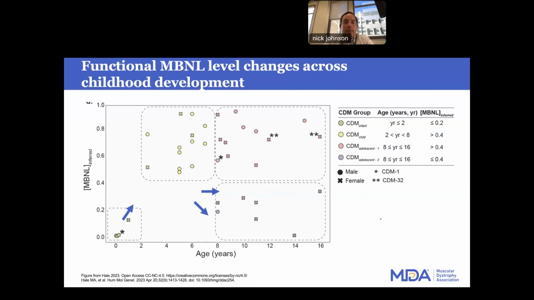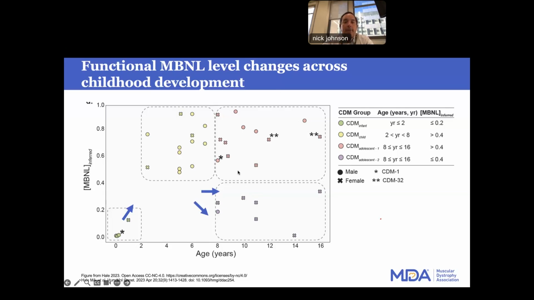So consistent with their clinical presentation, those individuals under the age of 2, you can see with pretty significant missplicing. That's not surprising because these kids are really pretty severely affected. What is a little bit surprising is that in childhood here, you actually see fairly normal RNA splicing. In fact, many of these kids have completely normal RNA splicing in their vastus lateralis.